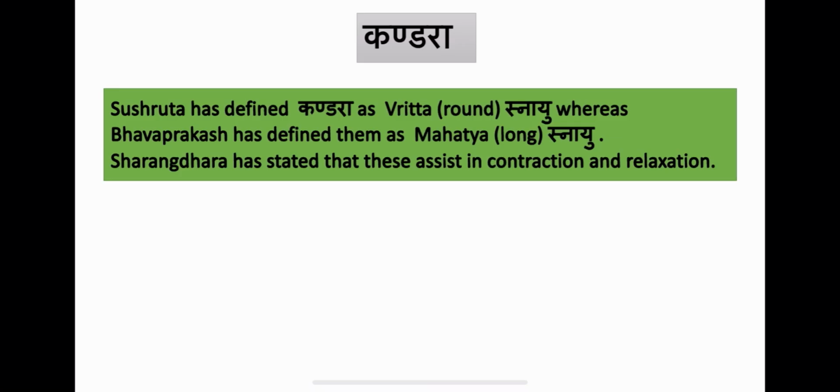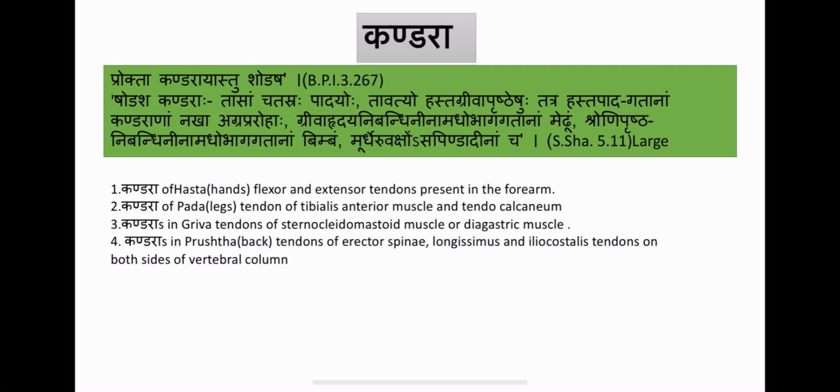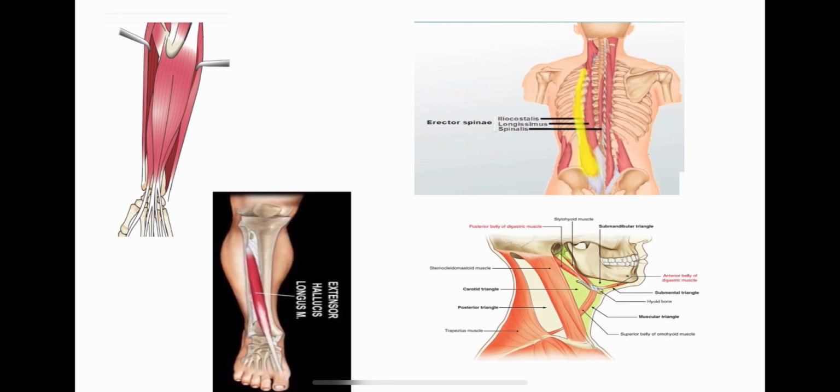Let us now study the last word, that is the Kandara. As discussed previously, these are the Vrutta Snayus or the round ligaments. They help in the contraction and relaxation of the muscles. There are totally 16 Kandaras in our body, distributed 4 each: 4 in the hands, 4 in the legs, 4 in the griva or the neck region, and 4 in the prushta or the back region.